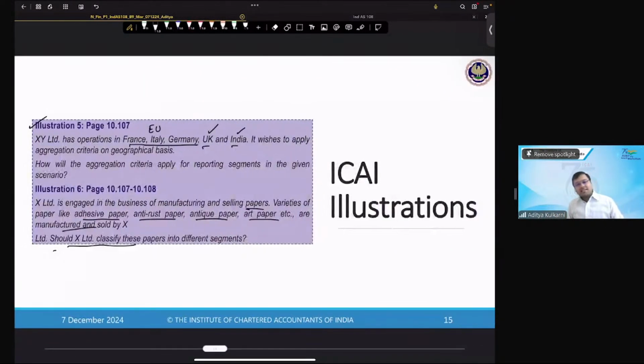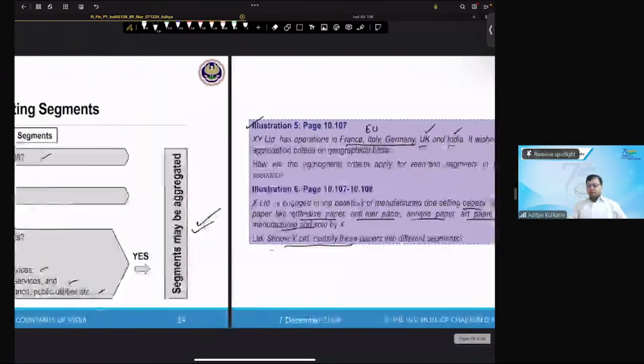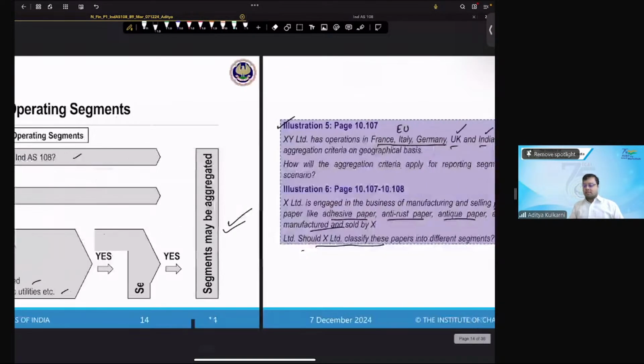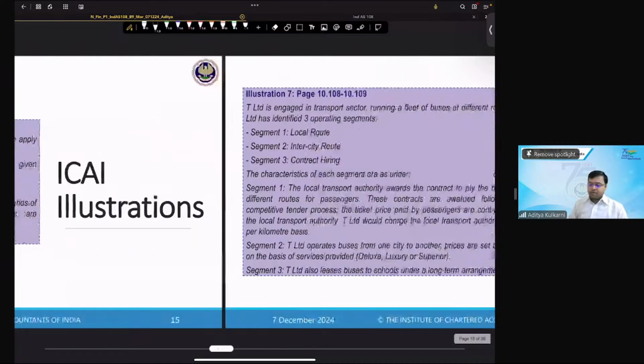He is not concerned with yes or no. Why? That decision is something you leave to the business. But you as a finance professional should know that aggregation is possible if they are similar in these categories. If they are not similar, aggregation is not possible. So just tell that much in your answer. Okay, so that is done.